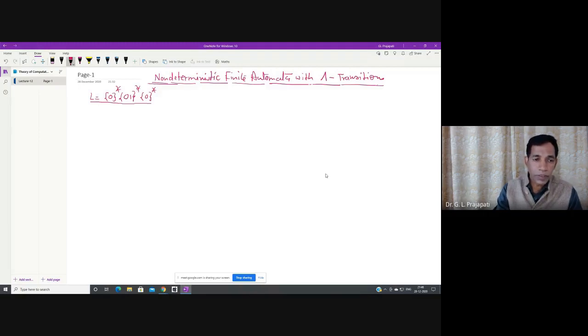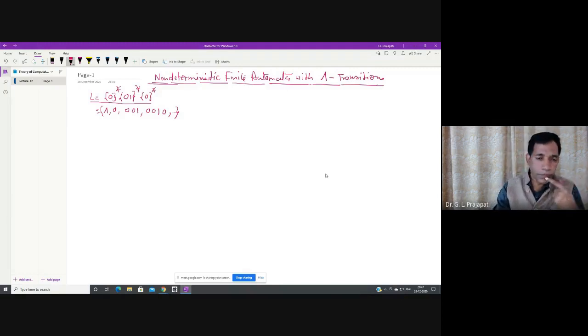The smallest string of this language is null, and then you may have only a single 0, or you may have 001, or you can have 0010, like the things. So the smallest string of this language is the null string.